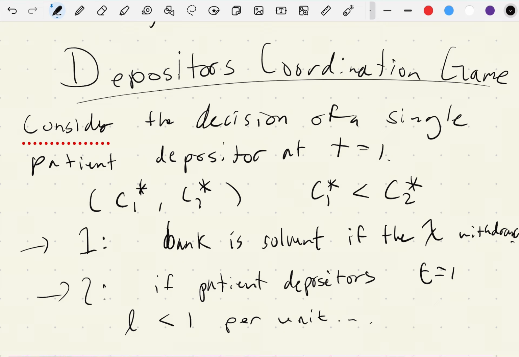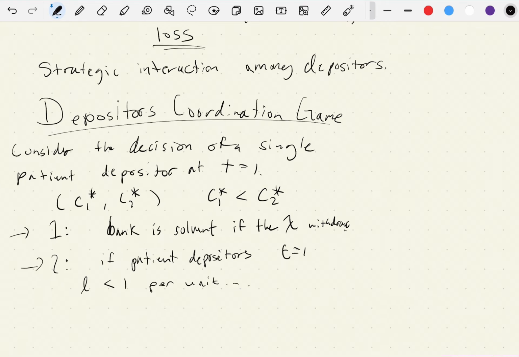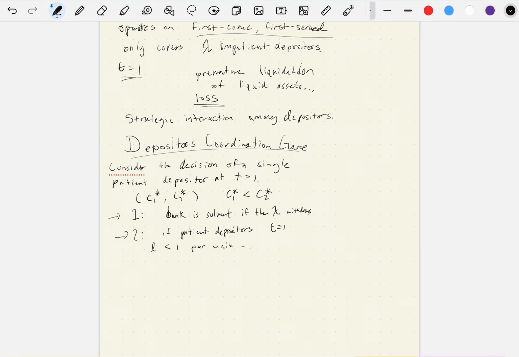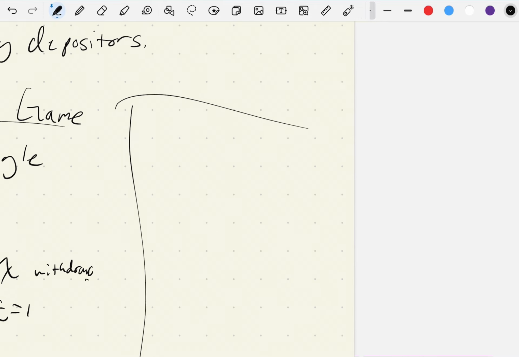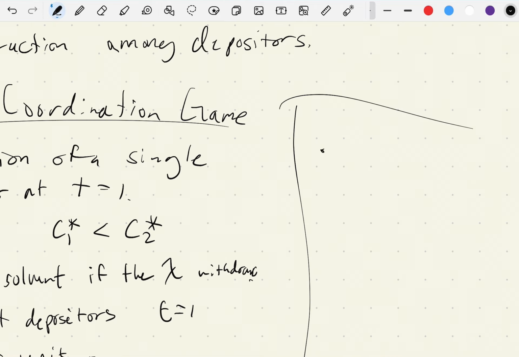Okay. So as more people withdraw, the value of the bank's remaining assets actually plummets. So it becomes a question of payoff, right? It becomes a conditional payoff.